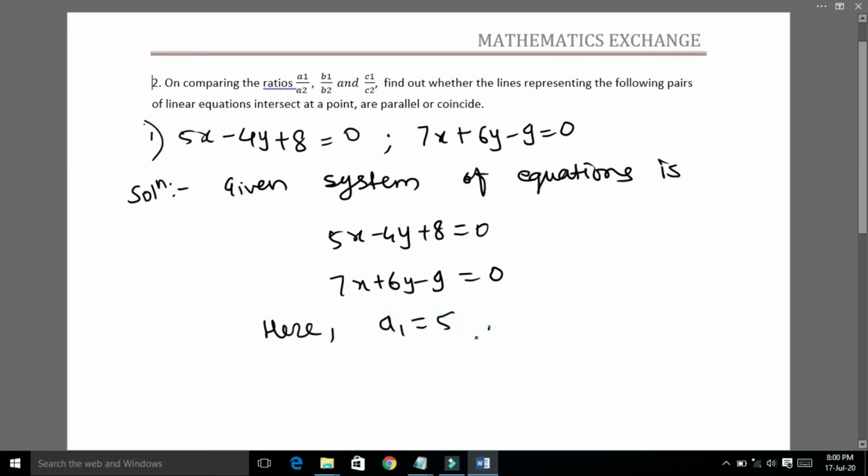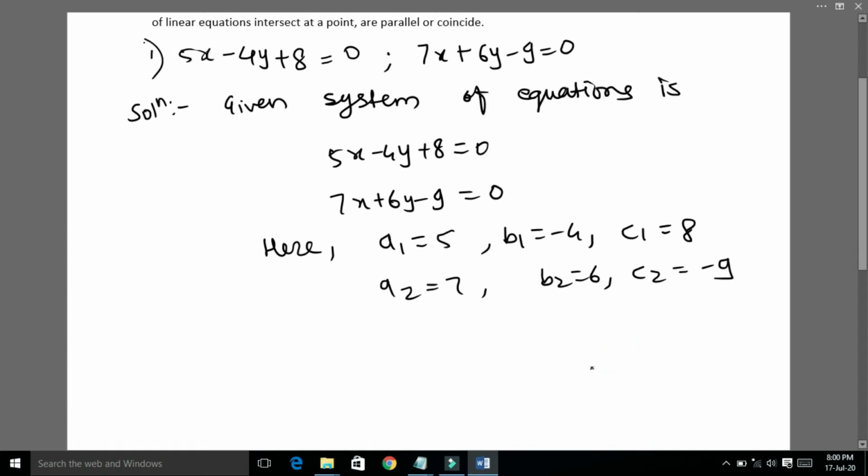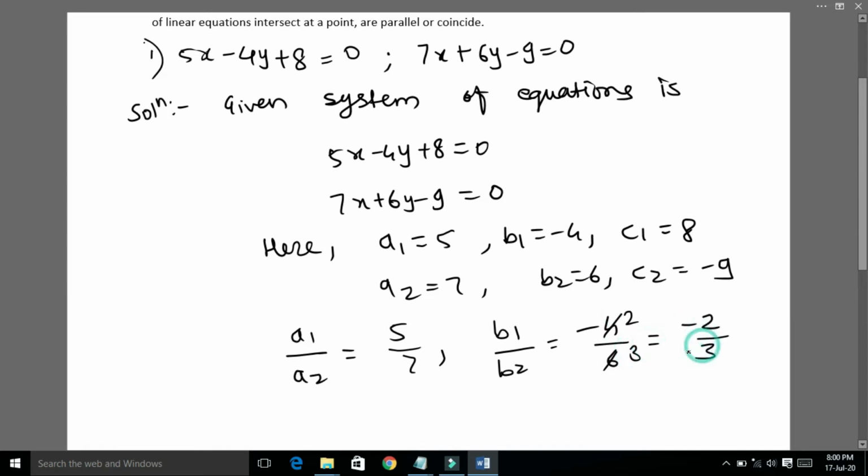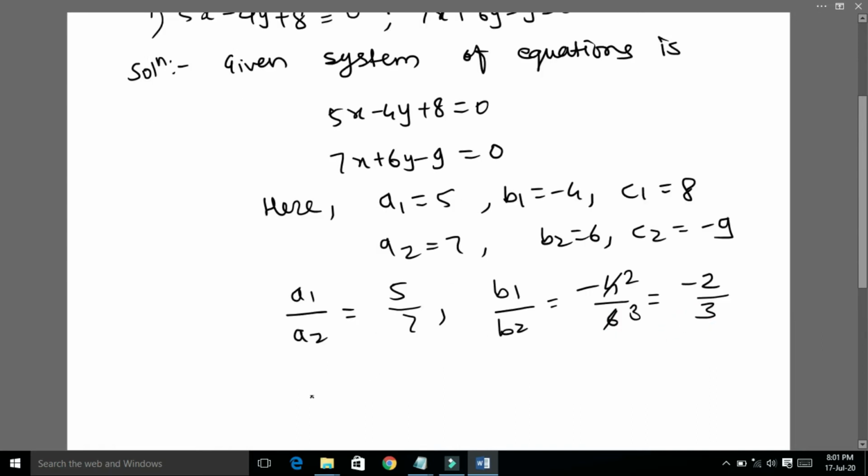So a1 is 5, b1 is minus 4, c1 is 8, a2 is 7, b2 is 6 and c2 is minus 9. Now we find out the ratios. So a1 upon a2 is equal to 5 by 7, b1 upon b2 is equal to minus 4 by 6, that is minus 2 by 3, and c1 upon c2 is equal to 8 upon minus 9.